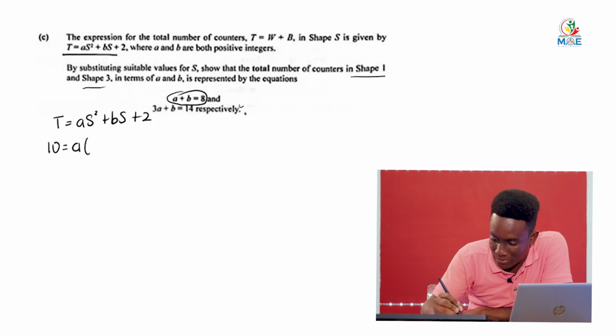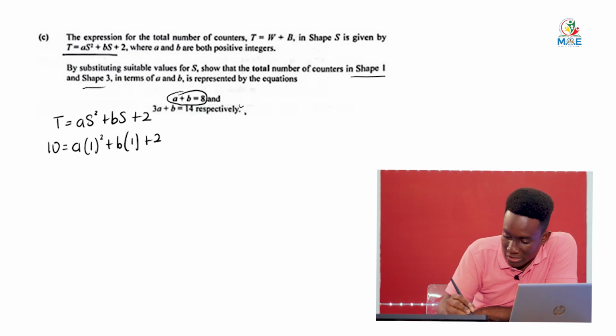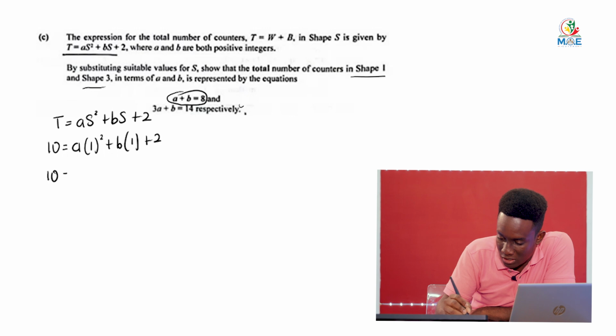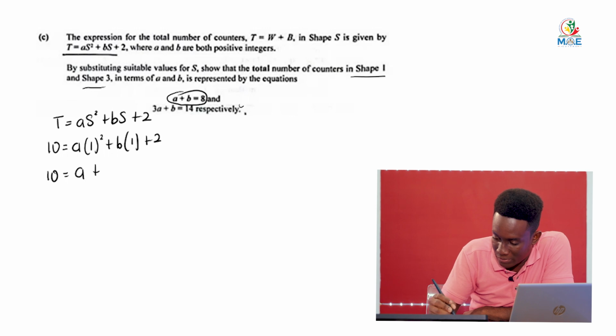So this will be a multiplied by 1 squared plus b multiplied by s, which is 1, plus 2. So 10 would be equal to 1 squared would be 1, so a times 1 would be a, plus b times 1 would be b, plus 2.